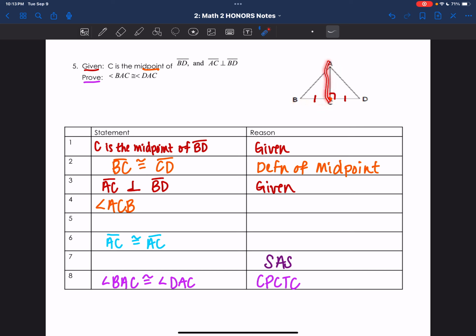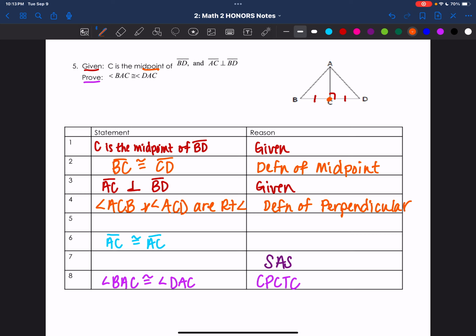I also know ACD is also a right angle. And the reason I know that is because it's the definition of right angles, or definition of perpendicular. Right, because it tells us right here. So we just need to define it.